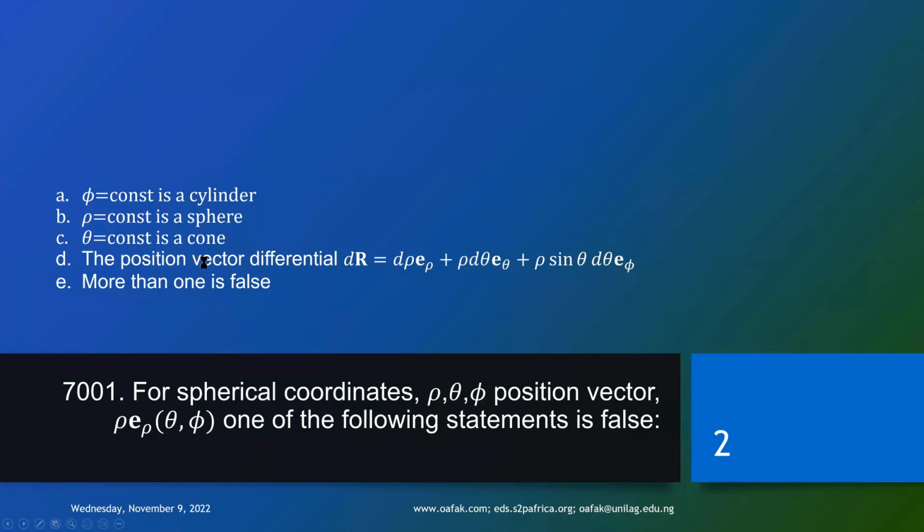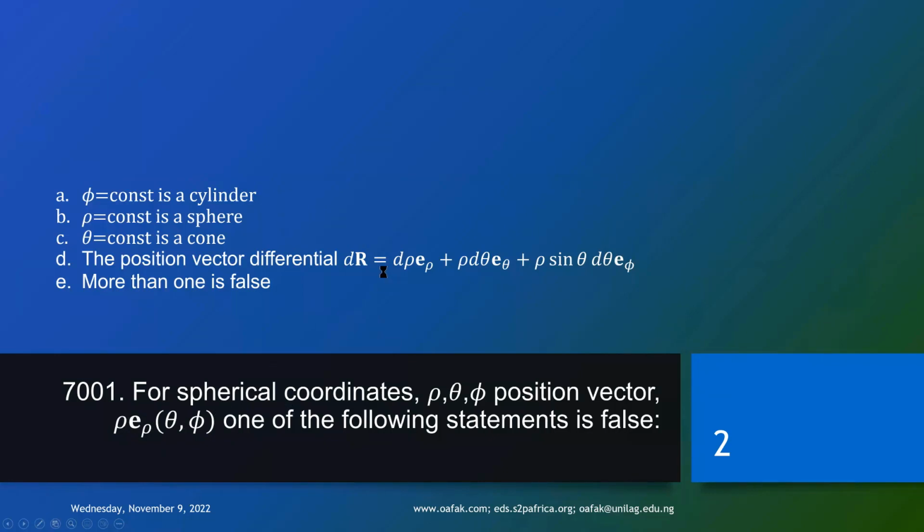Now, why is the position vector differential statement not wrong? Can somebody explain to me how we get these 3 vectors when it's only one vector in the position vector? The position vector for spherical coordinates is just rho e rho.